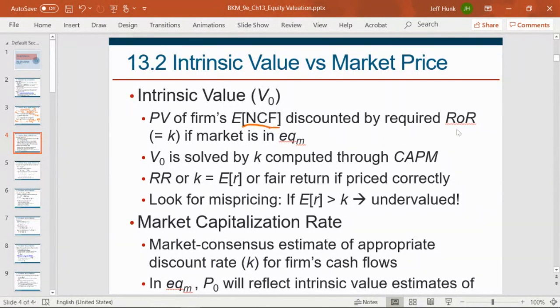Discounted by required rate of return, or K, right? Cost of capital. You understand what K stands for is cost of capital, especially in this case, cost of equity.